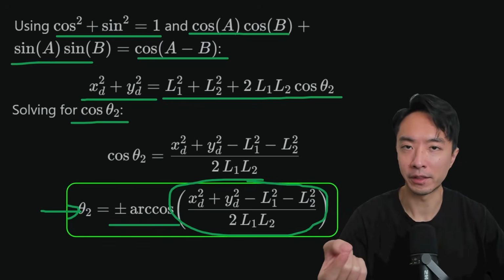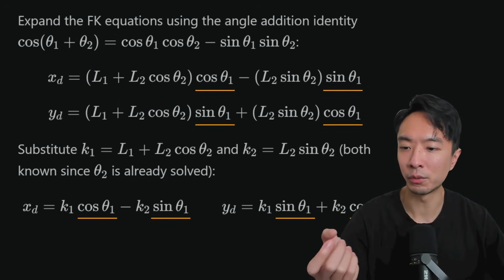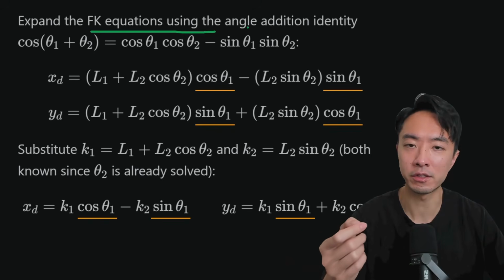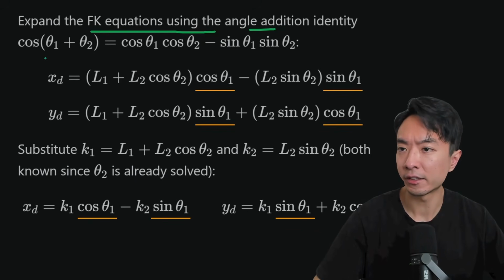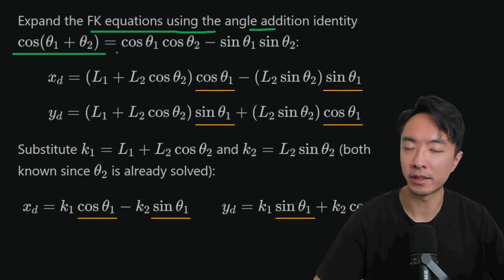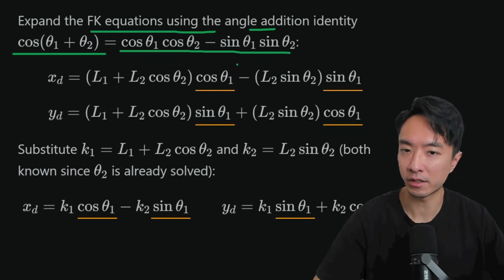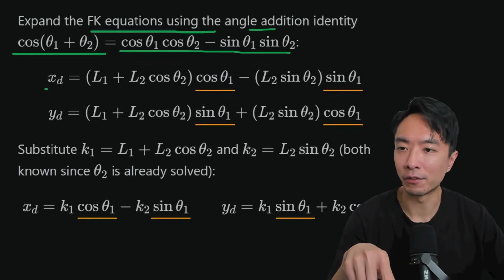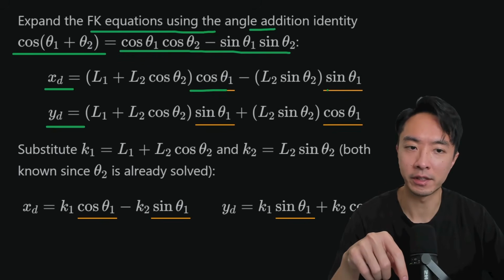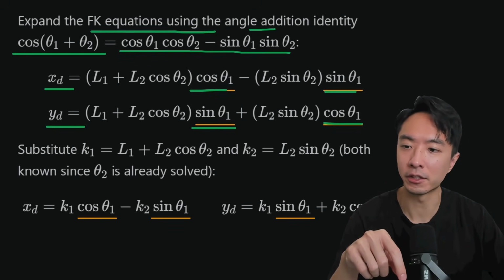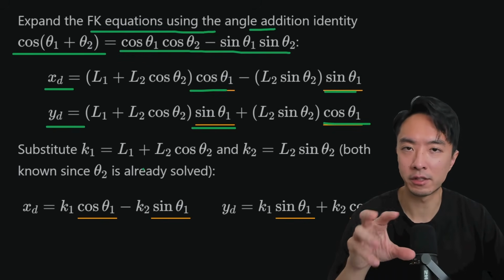Now we have to find theta 1. To find theta 1, we go back to our equations here. We expand the forward kinematic equations using the angle addition identity, and we have cosine of theta 1 plus theta 2 equals this expression. Notice we have xd and yd with our cosine and sine terms, so we can do a little trick.